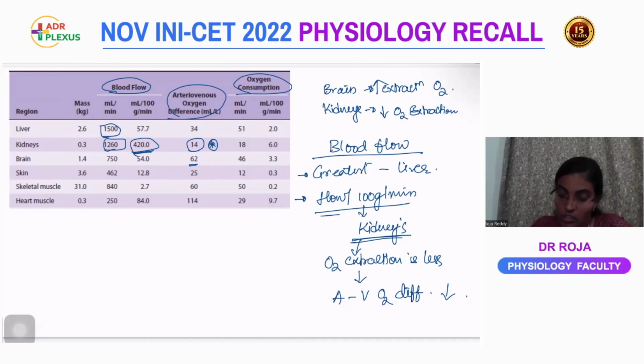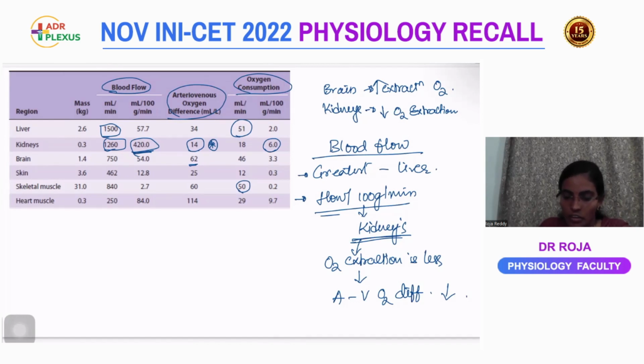If you look at the oxygen consumption, the kidney has a greater oxygen consumption per 100 gram of tissue. Since blood flow is more, consumption is also increased. But in terms of overall oxygen consumption in ml per minute, as a tissue as a whole, the one consuming the most oxygen is the liver, followed by skeletal muscle.